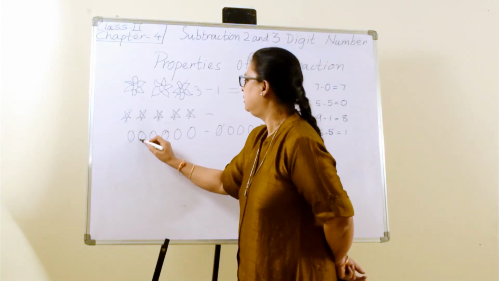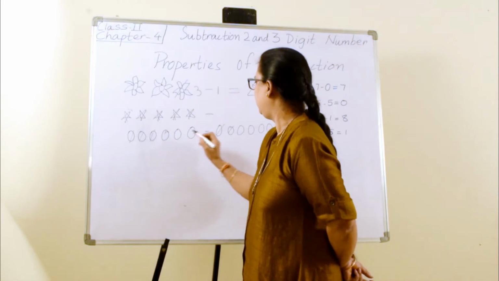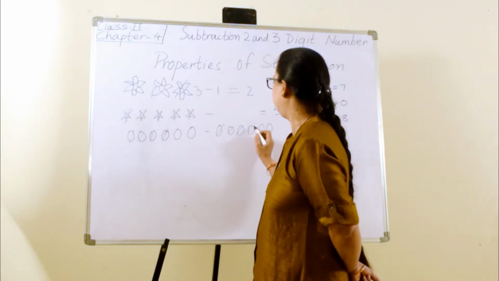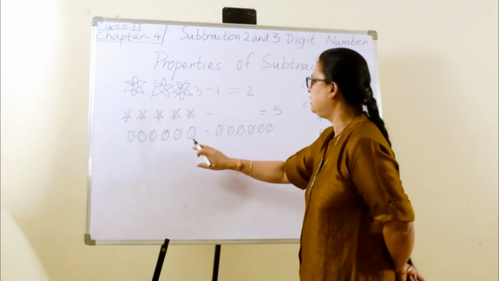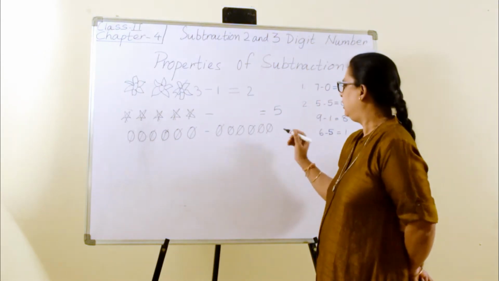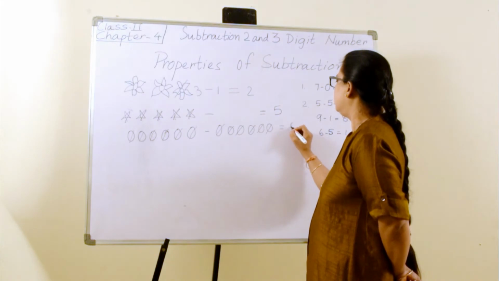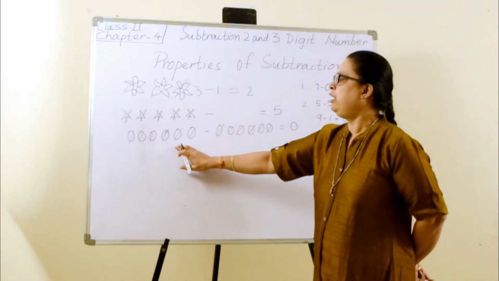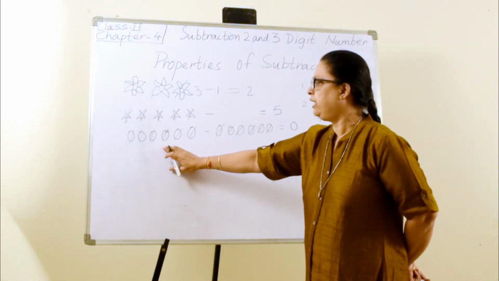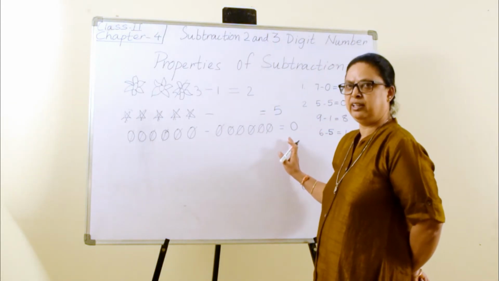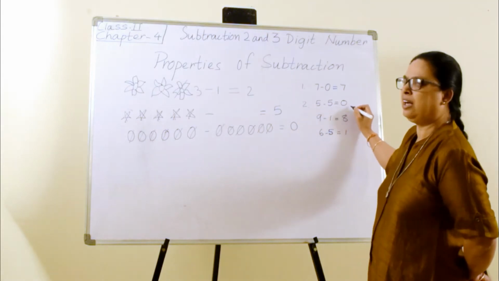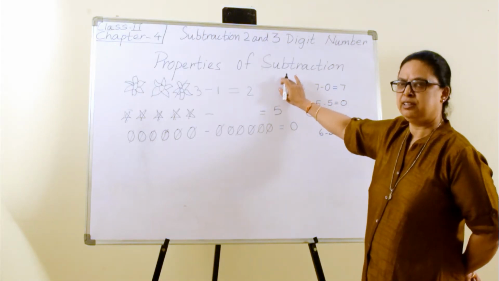I remove 1 here, 2, 3, 4, 5 and 6. What is the result, children? There is nothing. So you will write 0. So you keep changing the number here. Let's say you take 9 minus 9, it is 0 again. 10 minus 10, it is 0 again. Right? So this is the second fact or the property of subtraction.